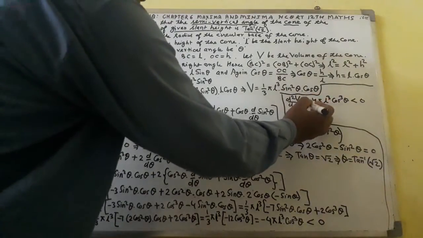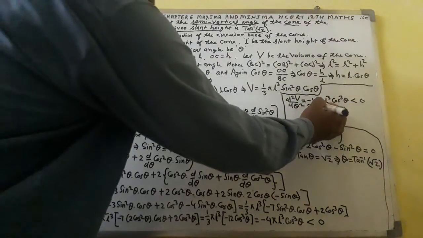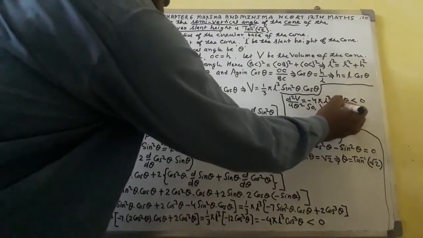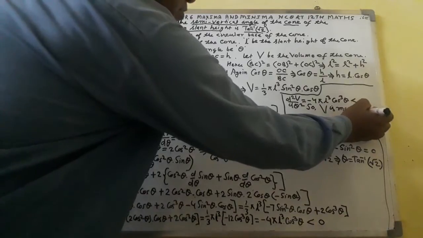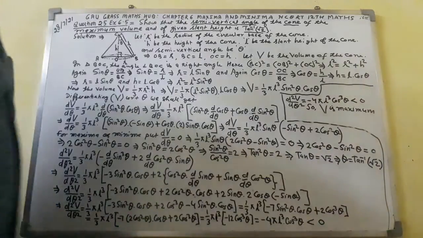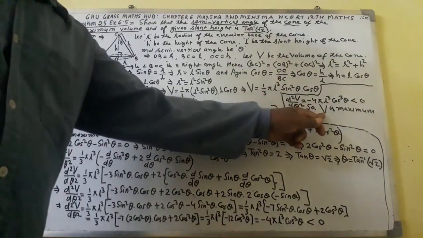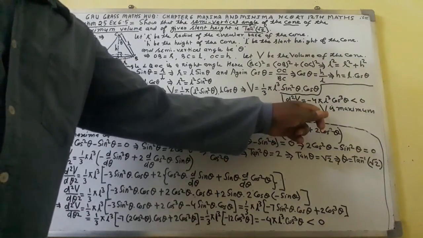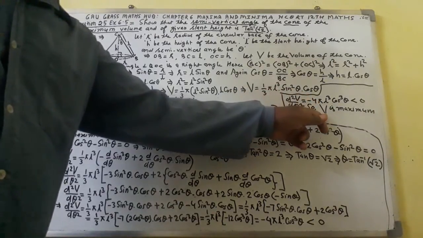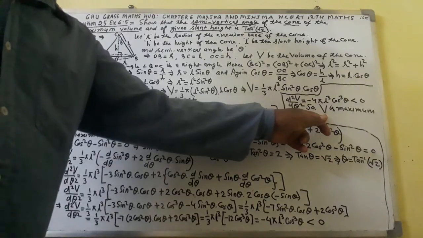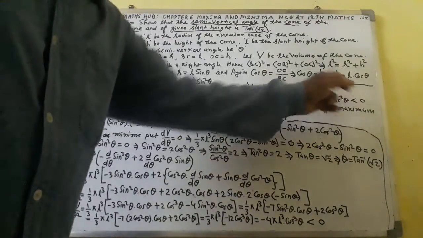So capital V is maximum. Here you can see the second order derivative of V, the second order derivative of the function volume V is less than 0.